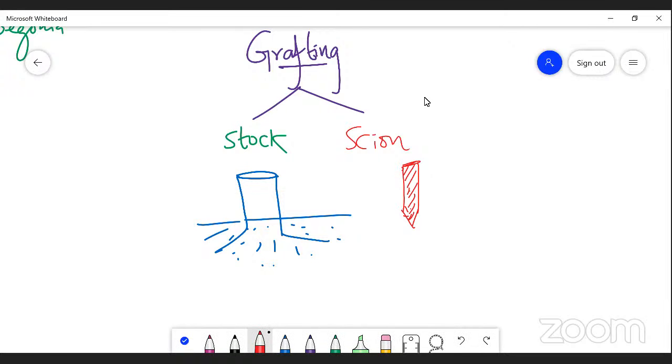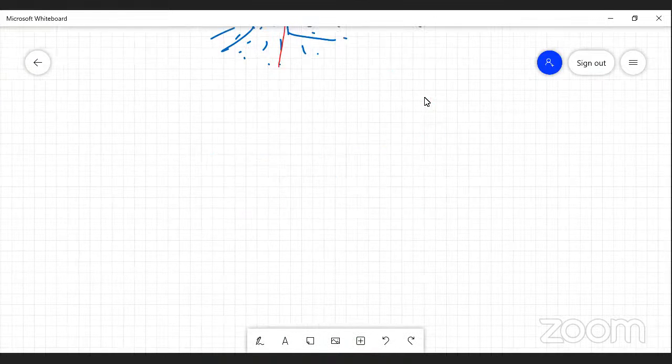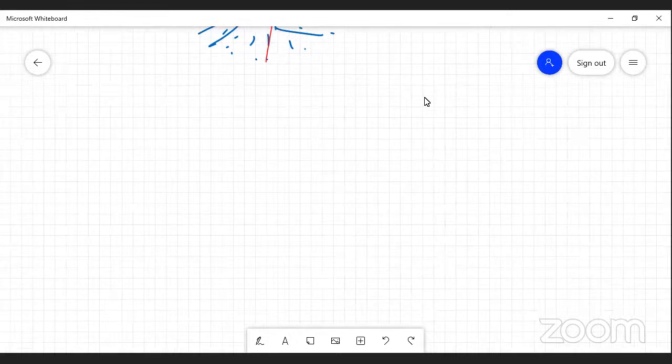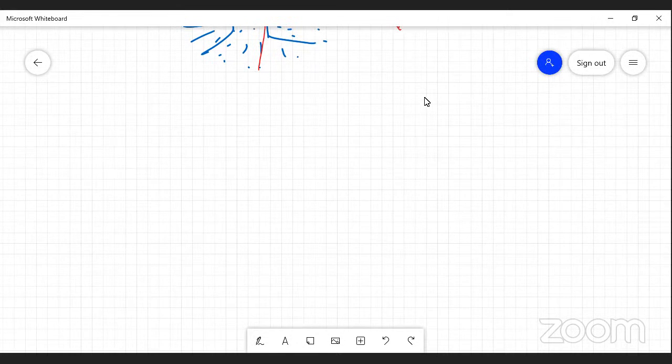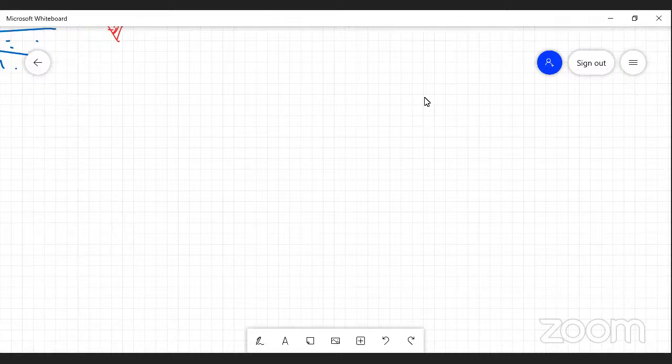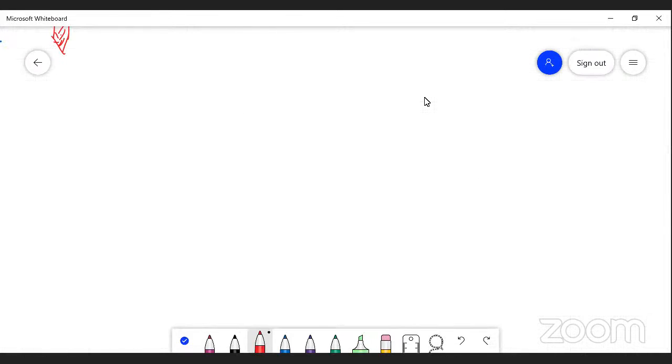I'm talking about the types of grafting.